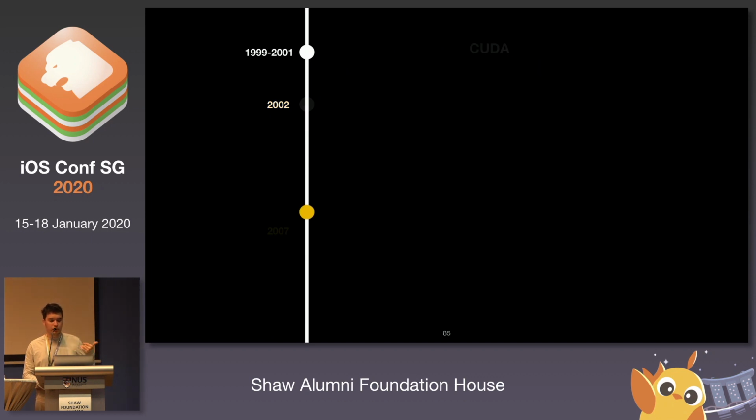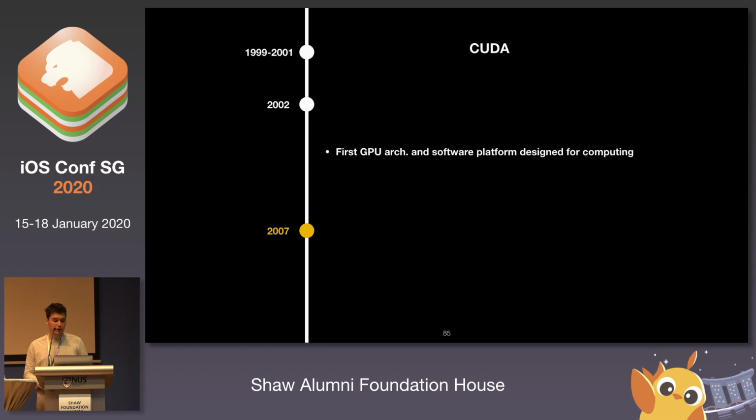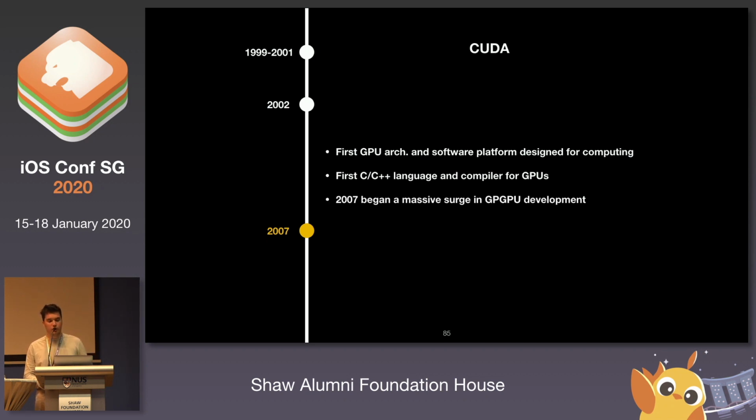But in 2007, our beloved NVIDIA released CUDA, which actually changed the game. Now, from cryptocurrency mining to machine learning, most of that stuff is done through CUDA. CUDA was the first GPU architecture and software platform designed for parallel computing. It was a C++ language for GPUs and started a whole new industry of very fast computations.